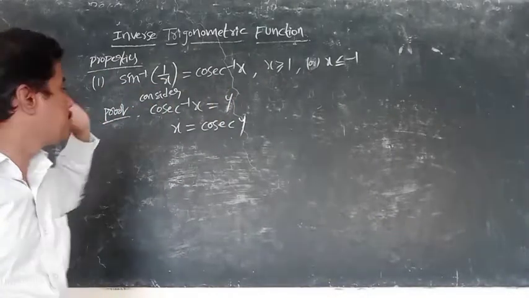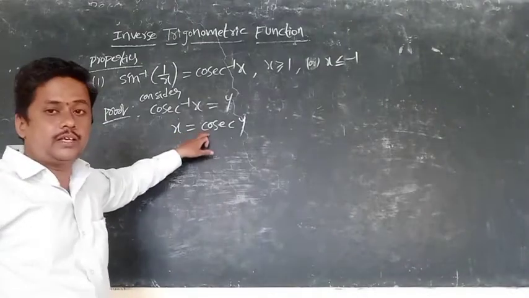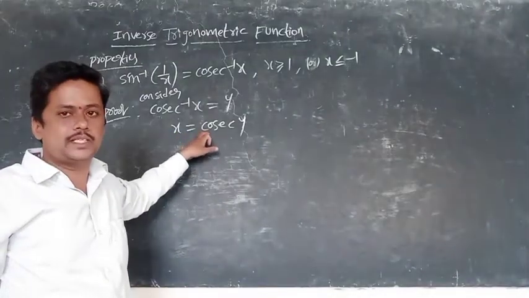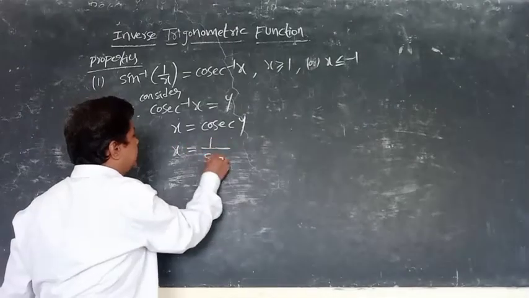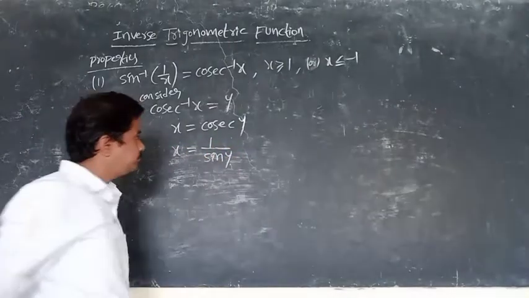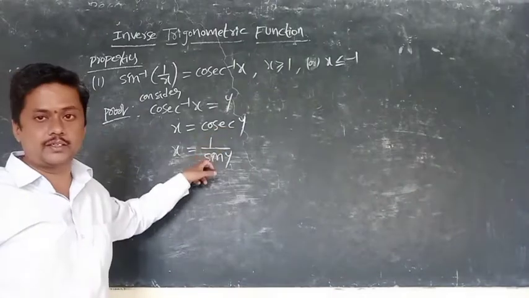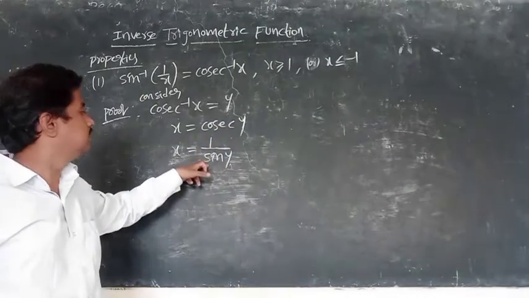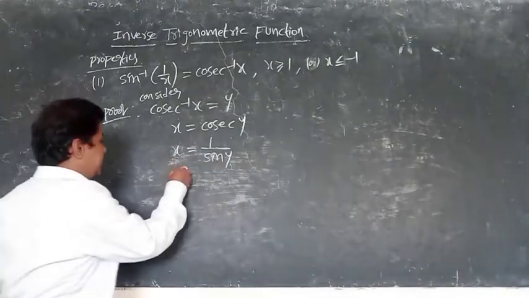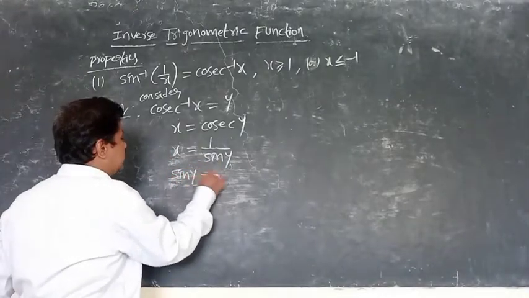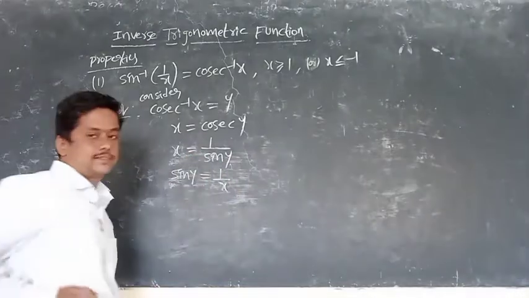What is the reciprocal of cosecant? It is 1 by sin. So we can write x is equal to 1 by sin y. Therefore sin y is equal to 1 by x.